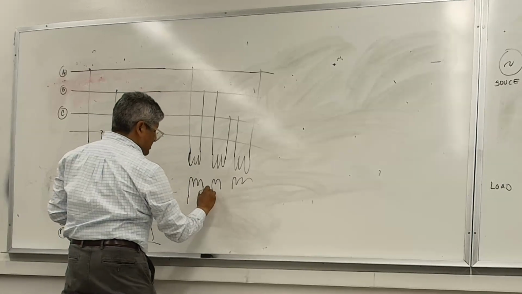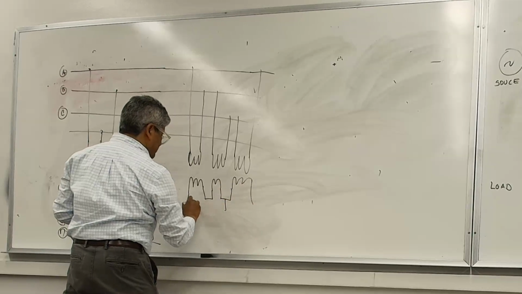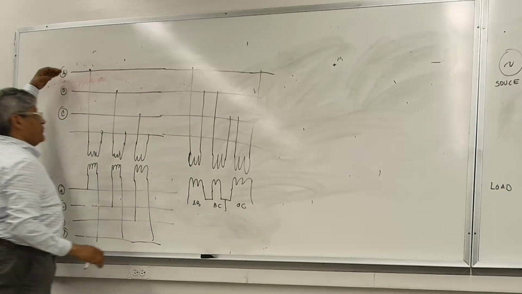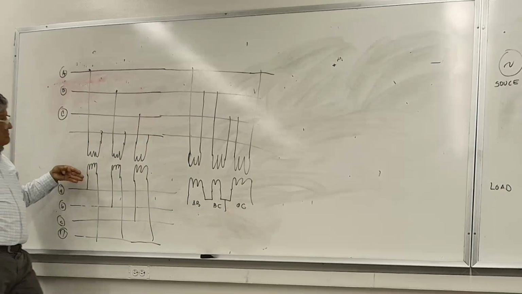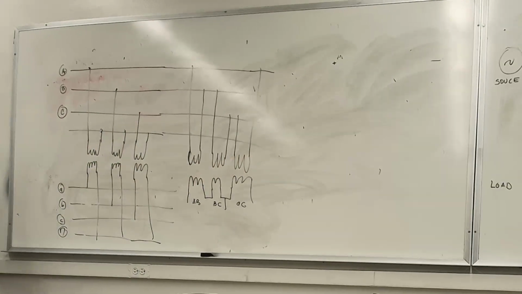You can make this a delta like this, A to B, B to C, and C to A. Meaning from the same line, you can connect the 3-phase transformers in whatever combination you want. You're not restricted to that. Okay?